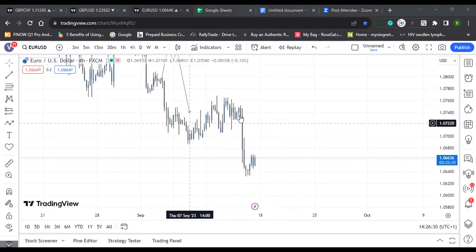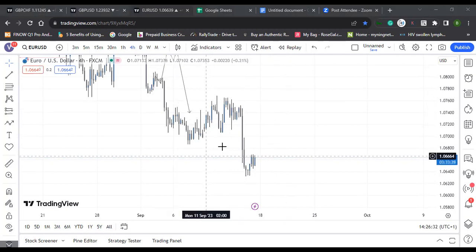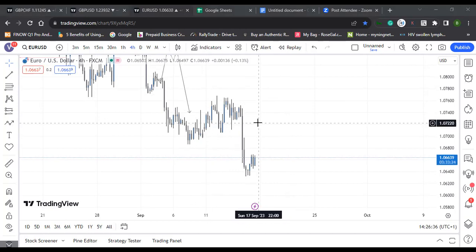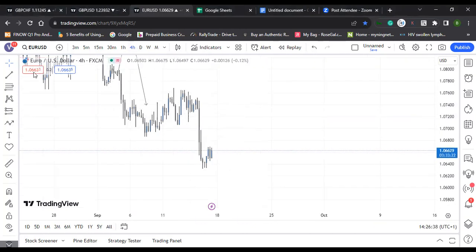So about time frames, basically you use time frames for different things: to analyze the market, and to execute.